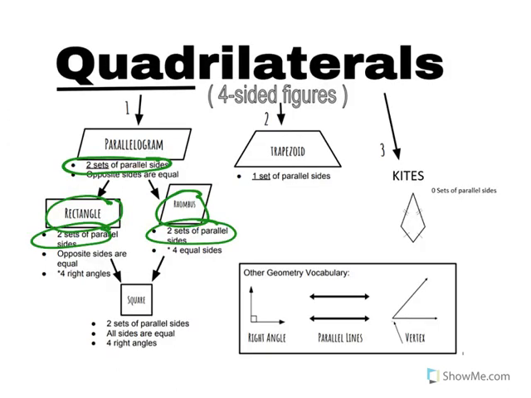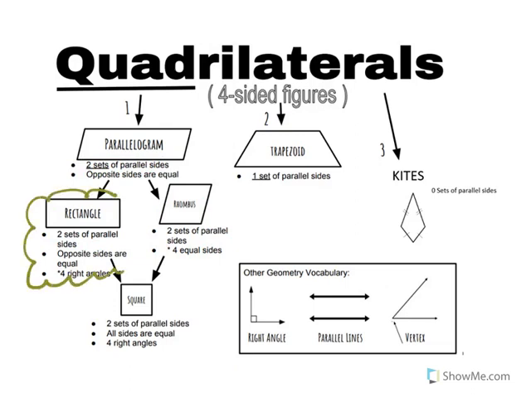So, when I look at rectangles and rhombuses, let's see, here is my rectangles. And here's my rhombuses. We could sort my rectangles even further into rectangles that have 4 equal sides.